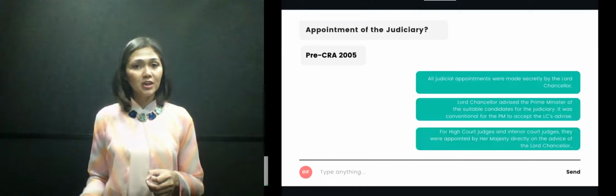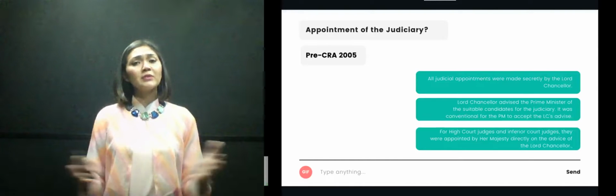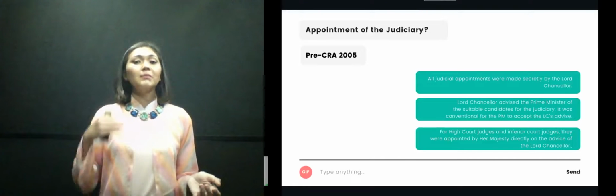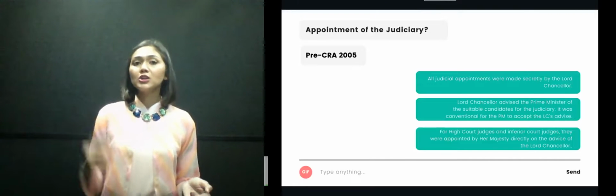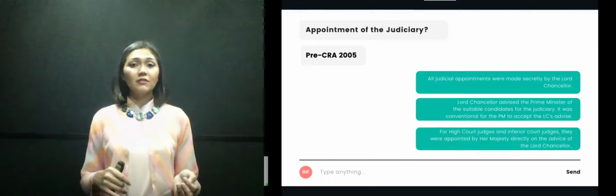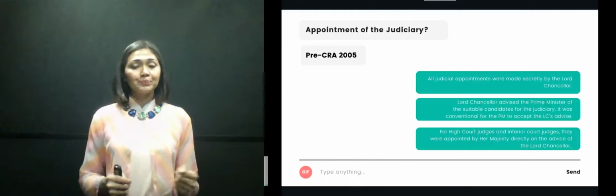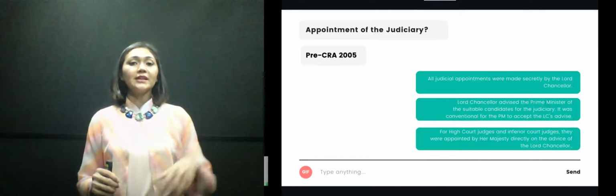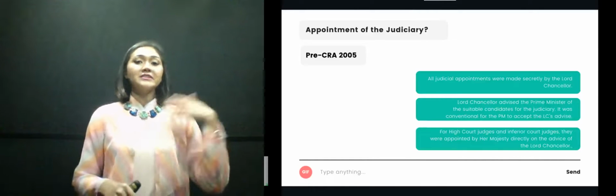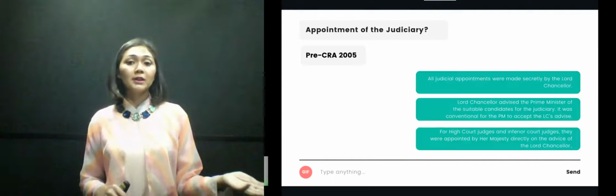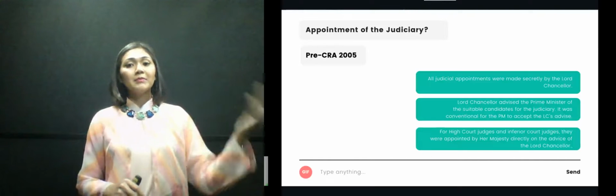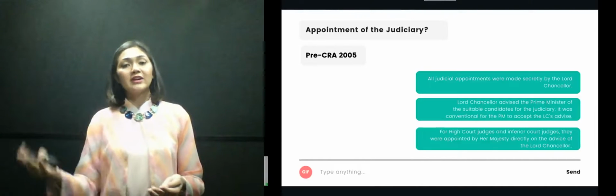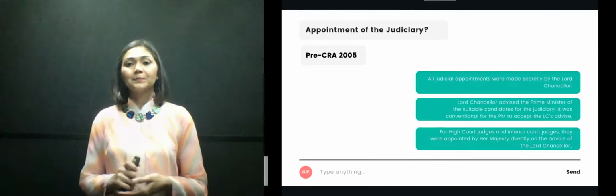It was made secretly, so there was no transparency in terms of the guidelines of who can become a judge, who can become a High Court judge, who can become Lord Justices of Appeal, and so on and so forth. Once he has received the invitation, he himself will advise the Prime Minister on the suitable candidates. Then the Prime Minister will decide according to the advice given by the Lord Chancellor.